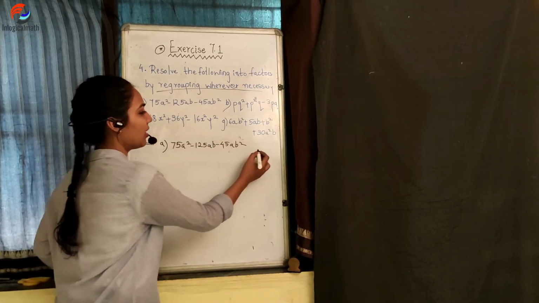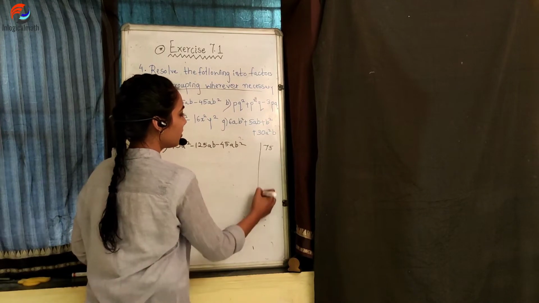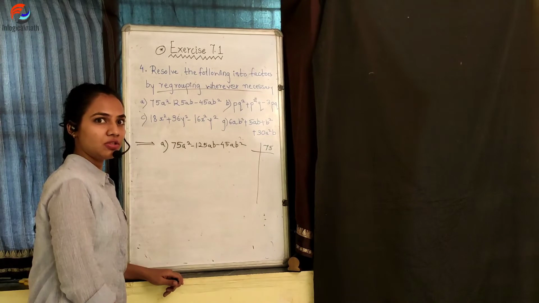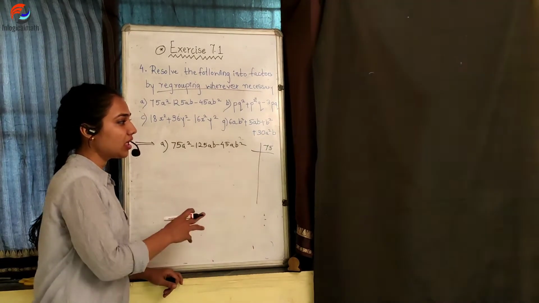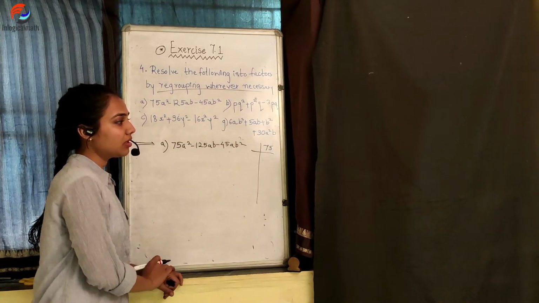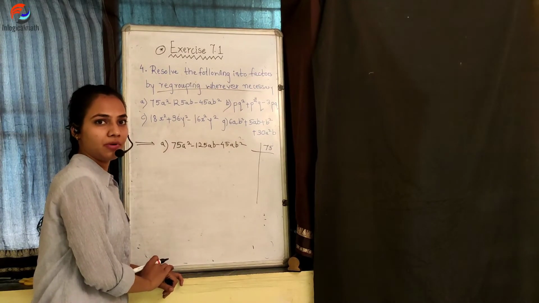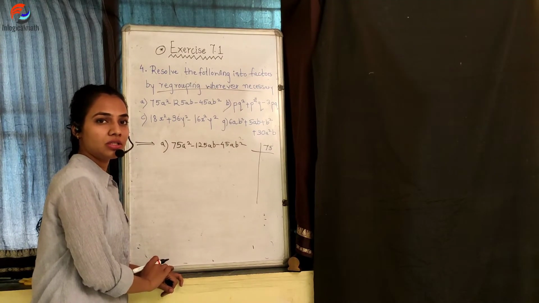So we have to find the factors of 75. We can divide it by 3 because the sum of the digits 7 plus 5 is 12, which is divisible by 3.